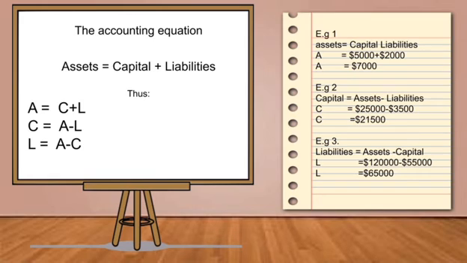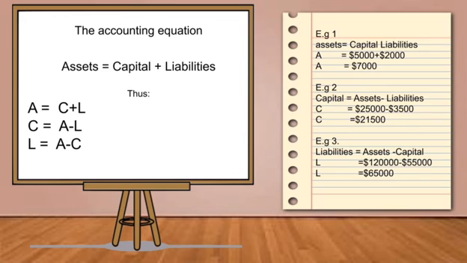$21,500. Now, example 3 states that we are to calculate liabilities if assets is $120,000 and capital is $55,000. To calculate this, be reminded of the accounting equation, which tells us that asset is equal to capital plus liabilities.